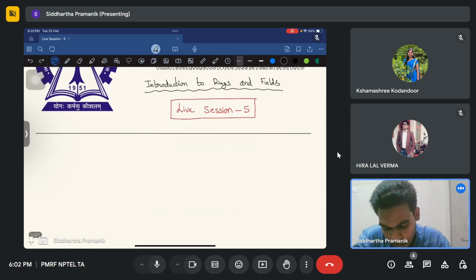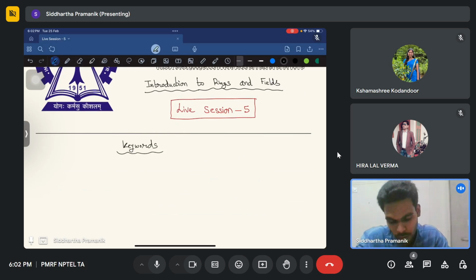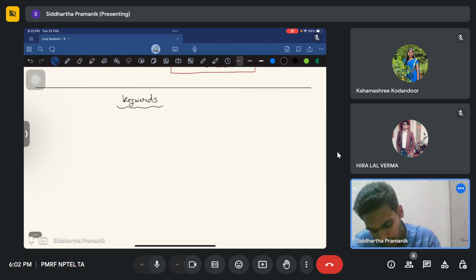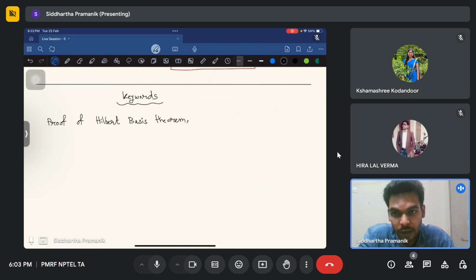So I will just summarize the contents of week 5 first. In week 5, we started with the proof of Hilbert basis theorem, which states that if you take a Noetherian ring R and the polynomial ring over that ring R, then the polynomial ring is also Noetherian.